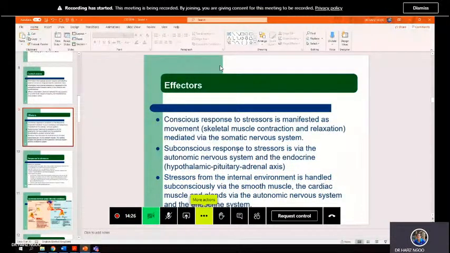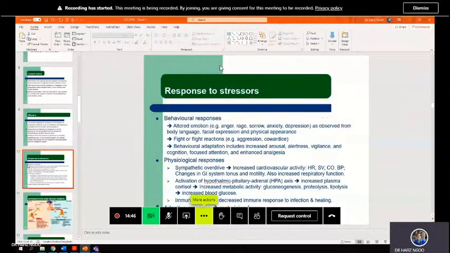And subconsciously, it is the hypothalamic-pituitary-adrenal axis going through the adrenal glands, adrenal medulla. And also stressors from the internal environment usually go through your nervous system.